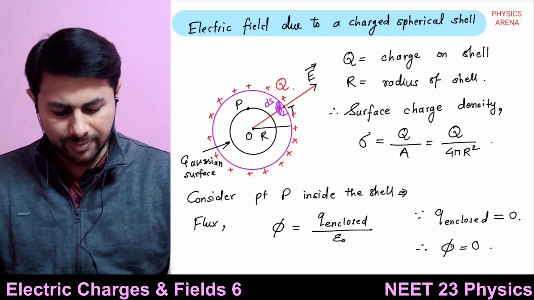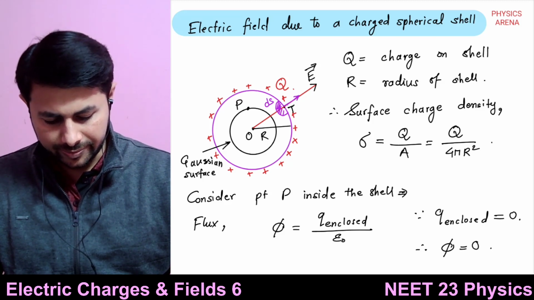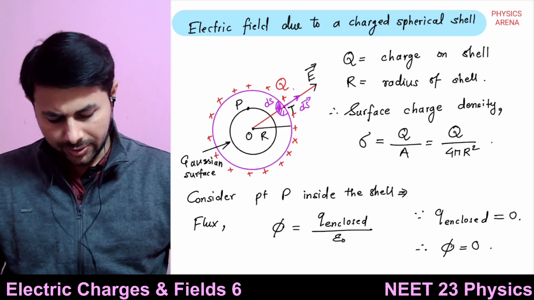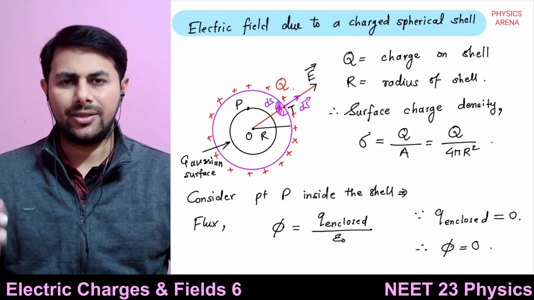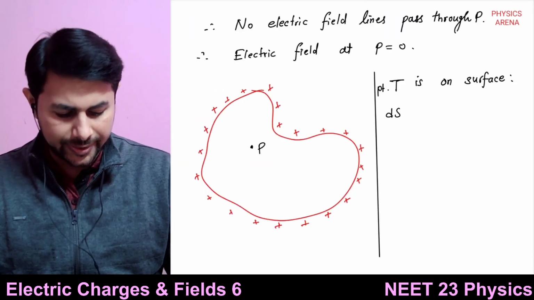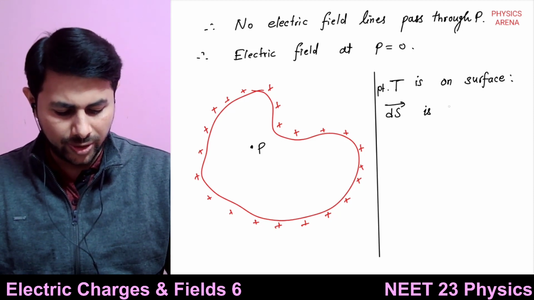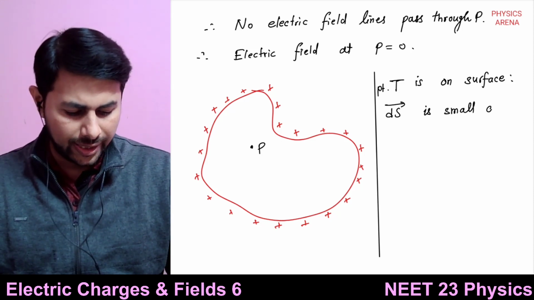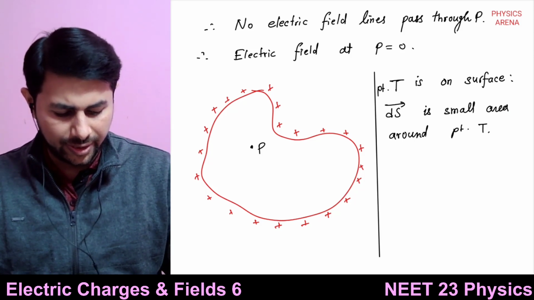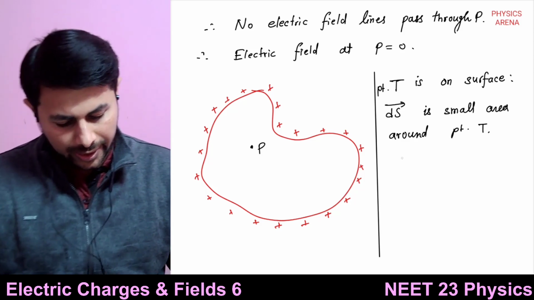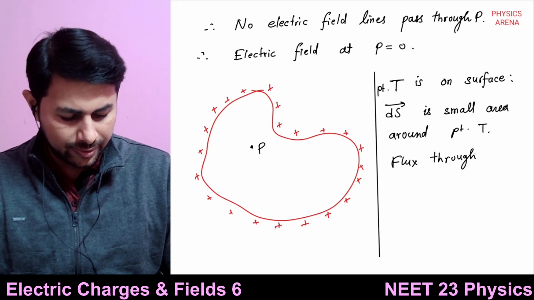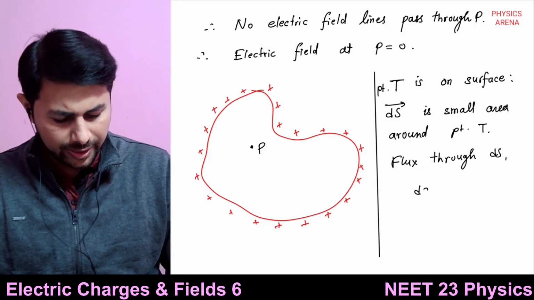So what is the direction of ds bar? Direction of ds bar is also this one. It is perpendicular to the plane of the area, right? So ds bar is a small area vector around point T. Therefore the flux through ds, let's call it d phi.